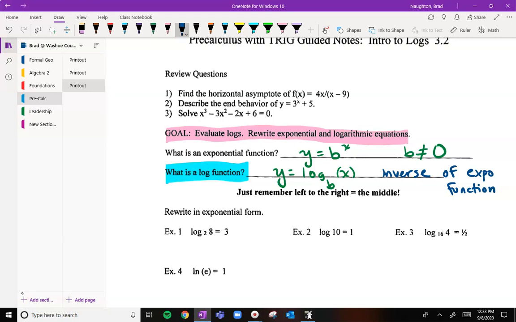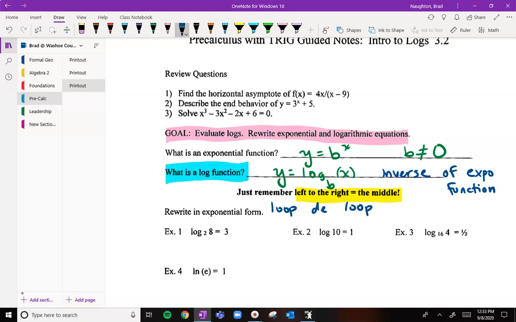So this was something that you guys did right as you got close to spring break. So it's been a while, but the big thing that students usually have success with is when they think of logs in terms of exponents, which sometimes just means converting it. Some teachers like to use left to right equals the middle, okay? Another teacher will use the loop-de-loop.